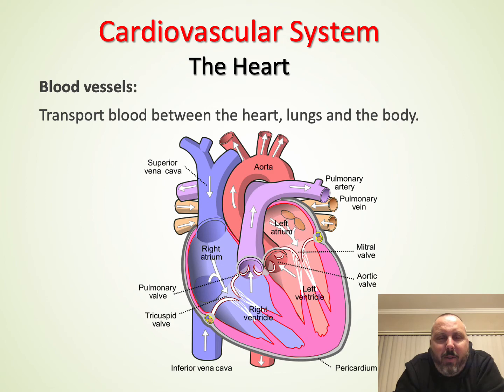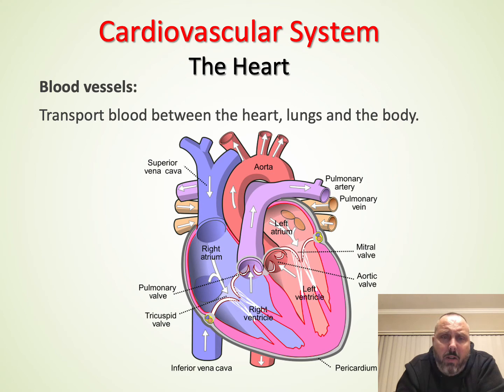Okay, the next part that we're going to talk about briefly is the blood vessels. These are the important blood vessels that are linked to the heart that obviously transport the blood to where it needs to go. So there's two that we talked about when looking at the valves in the last slide.